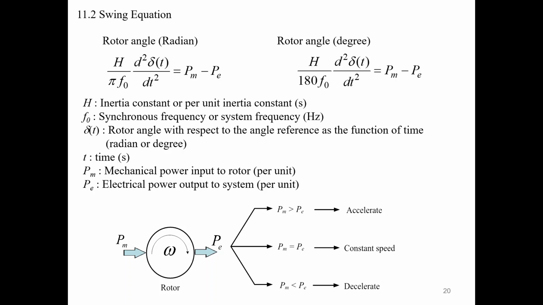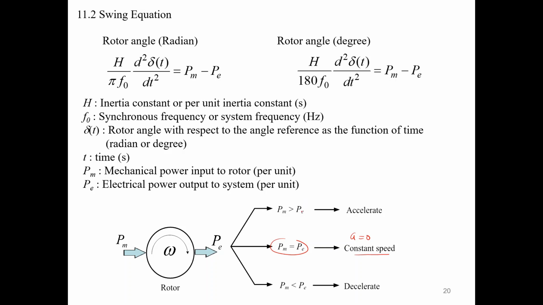If Pe is greater than Pm, meaning the load is greater than the input, the machine is going to be decelerated. So at equilibrium, at constant speed, Pm is equal to Pe. This is the steady state or steady operation, the constant speed, so the acceleration is zero.